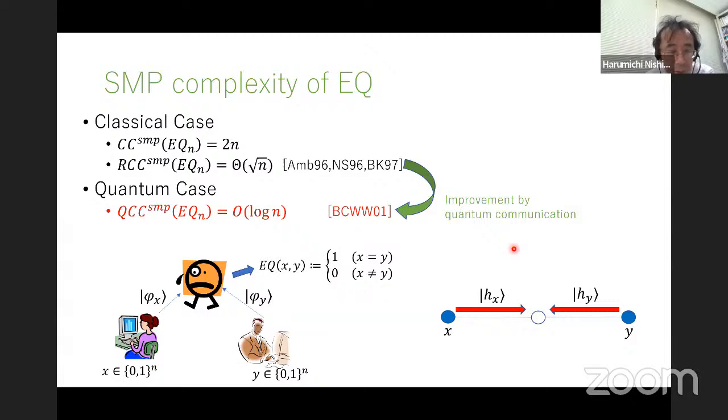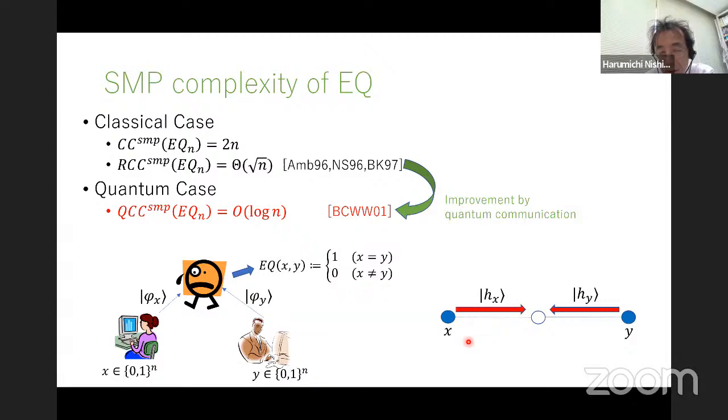So in general, the complete graph case is no different from the single node case in the one round communication setting, I think.